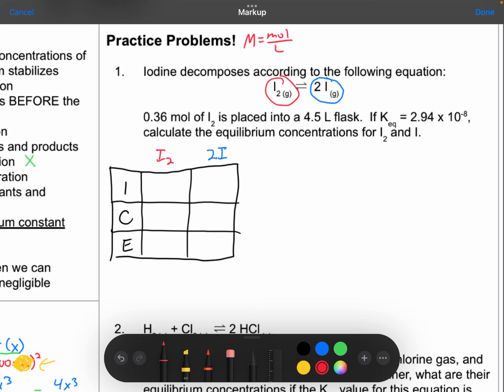So I can take my amount of moles of I2 and divide it by my liters. So that's going to be 0.36 divided by 4.5. And I'm going to get a concentration of 0.080 molarity, or moles per liter. That is the concentration right here that I am going to plug into my initial box for my I2.